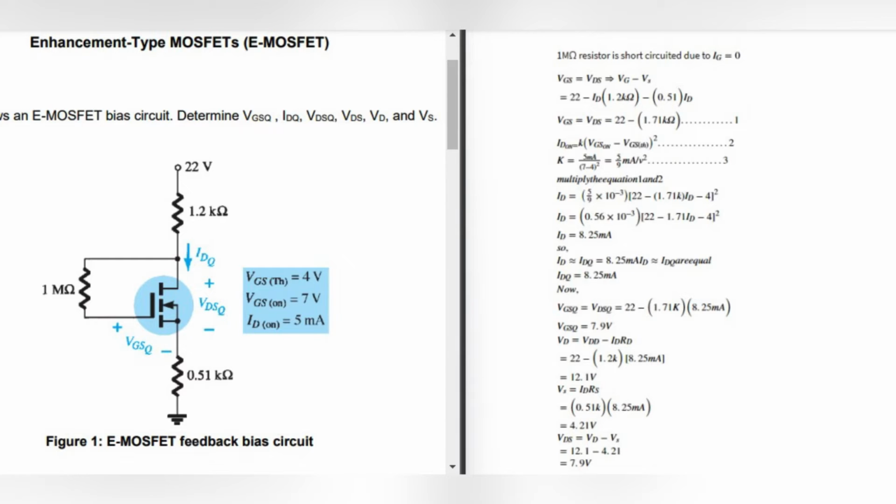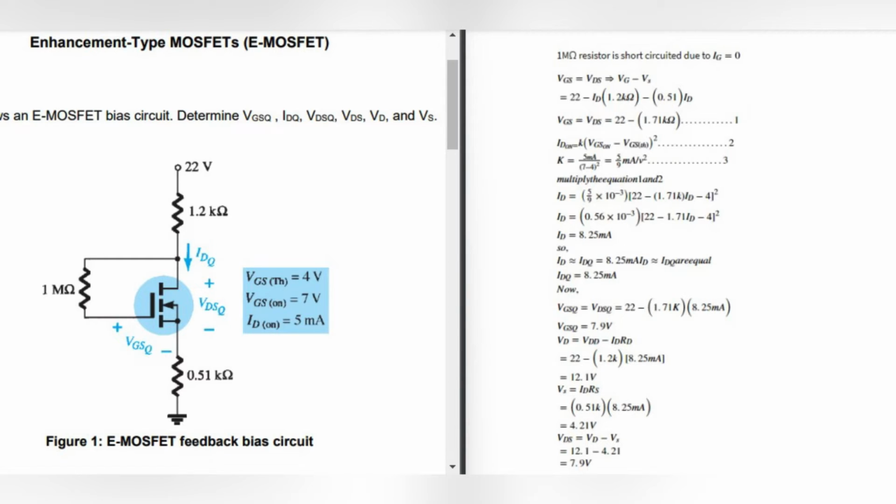So by that, ID is equivalent to IDQ, which means IDQ has the same value as ID, which is 8.25 milliamp. So IDQ will equal 8.25 milliamp.